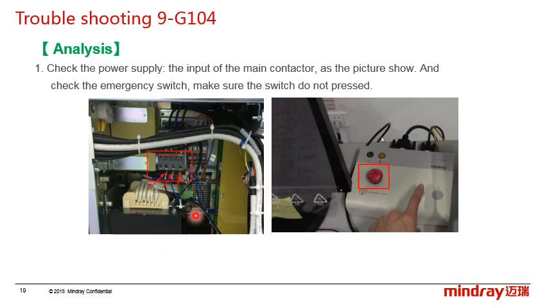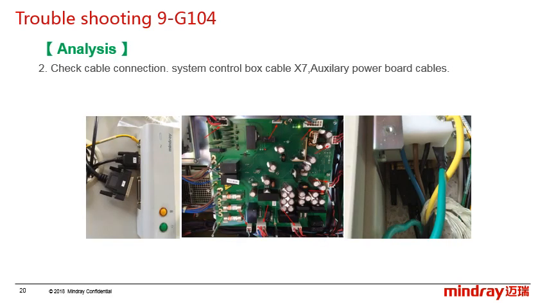First, check the power supply, the output of the main contactor, as the picture shows here. This is the input of the main contactor, and then check the emergency switch. Make sure the switch is not pressed.